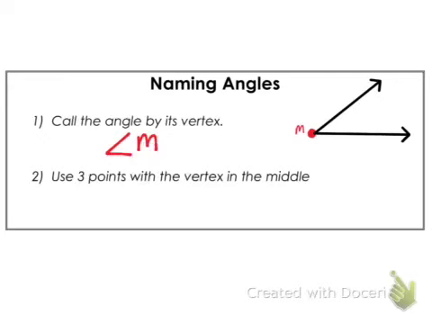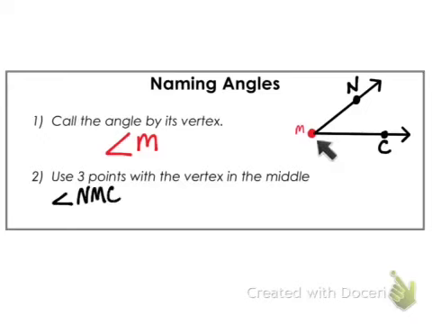Now, another way to name angles is using the 3 points with the vertex in the middle. Right now there are no points on these rays, so let's put one here, label it N, and put another one on the other ray and label that C. So one way to identify this angle would be angle NMC.